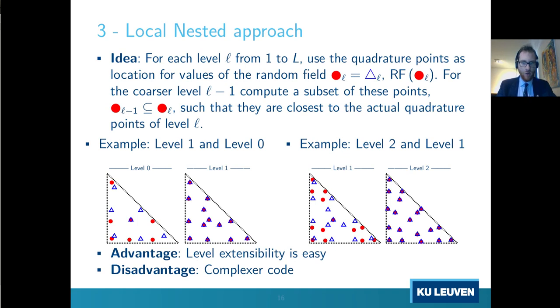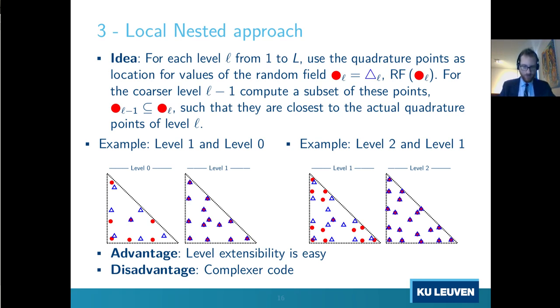Another approach is the local nested approach. Instead of starting from the finest level, a maximum L, and then computing subsets for all the coarser levels, you compute it 2 by 2. Here I give an example with level 1 and level 0, and level 2 and level 1. If you need samples on level 1, you will also need the differences, so the coarser level 0.